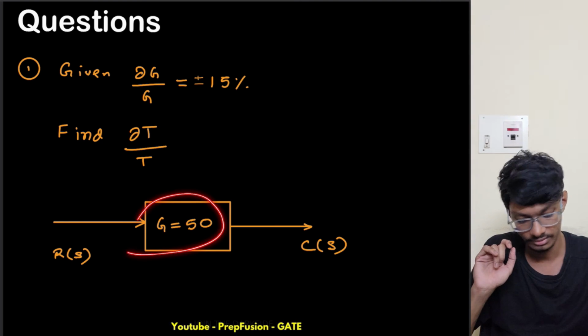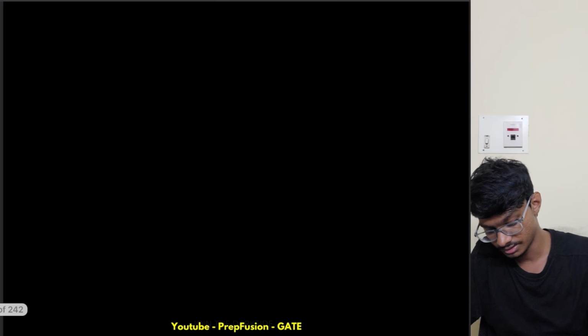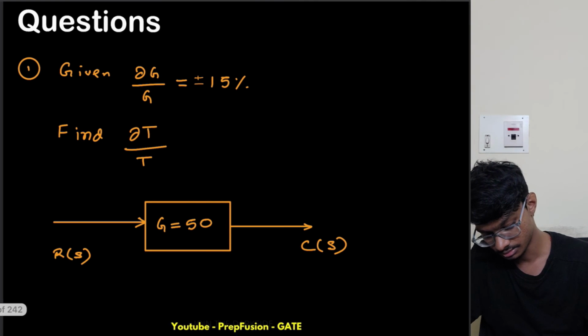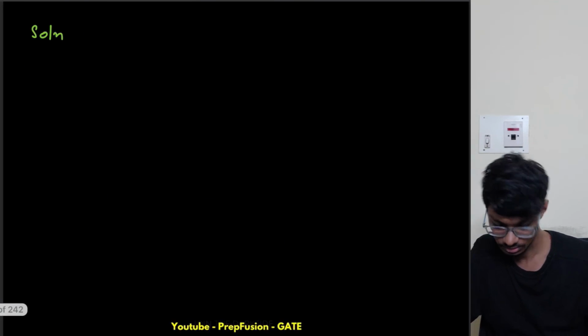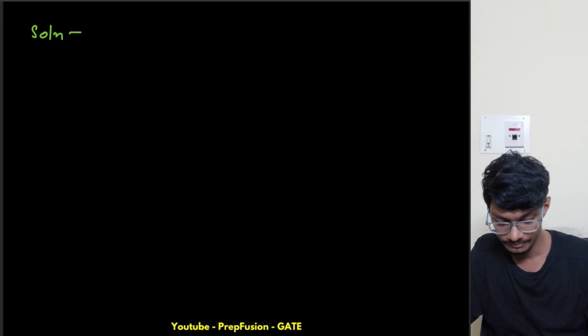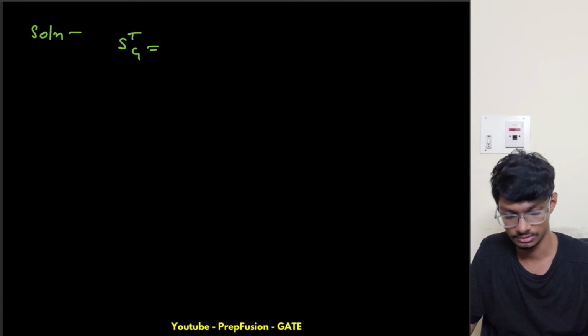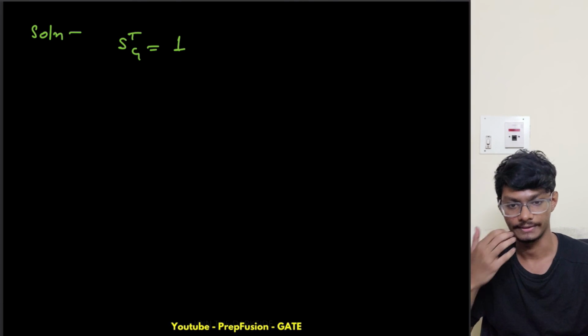So we have been given this gain. So what is the sensitivity? Let me write this as the 11th question. What is the sensitivity of an open loop transformation T with respect to G? We just find it out. This is 1, right?